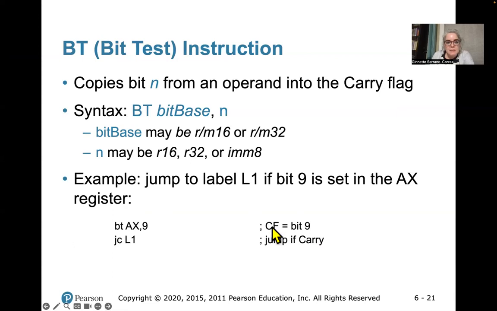Now, bit 9 is going to be either a 1 or a 0. So this is going to jump on carry. Remember, jump on carry jumps if the carry flag is set to a 1. So if bit 9 is a 1, it's going to jump to L1.